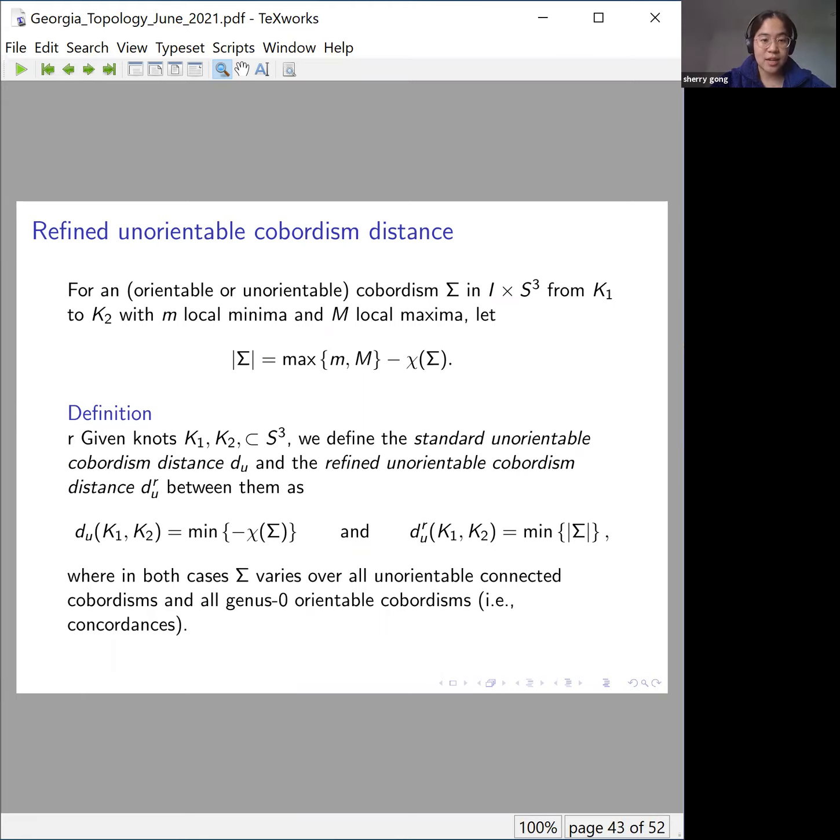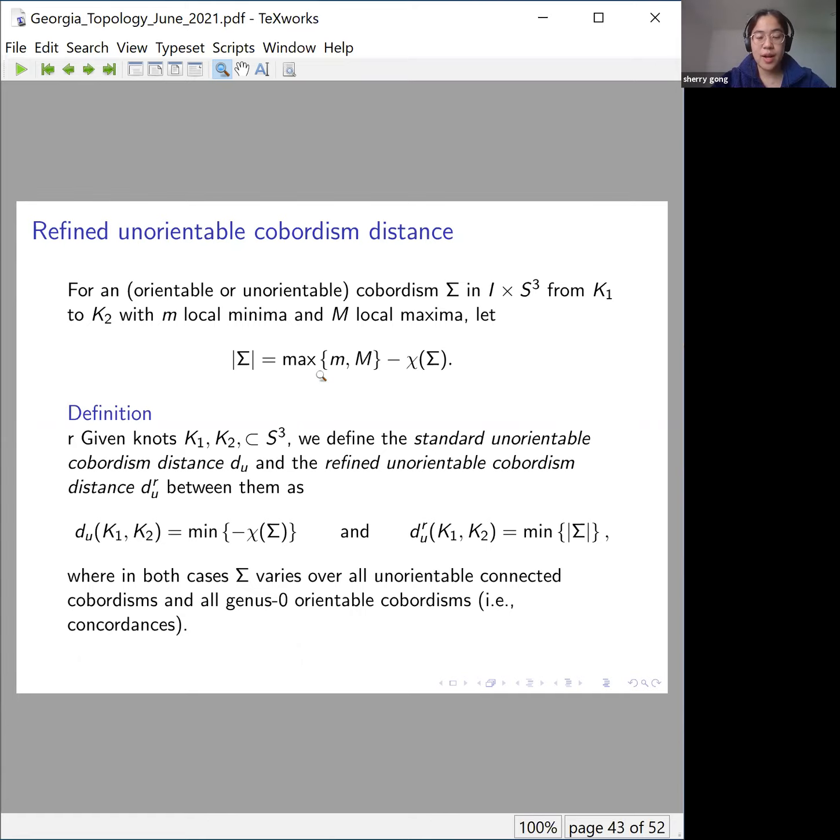The standard cobordism distance between two knots is given by twice the standard slice genus of K1 connected sum with the mirror of K2, where K1 and K2 are the two knots. This is not a distance on the set of knots, because concordant knots will have distance 0, but it descends to a well-defined distance on the concordance group.